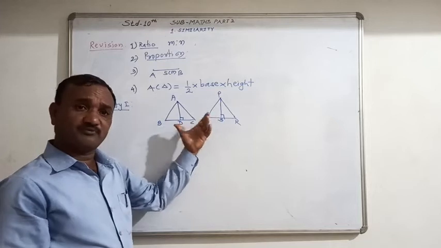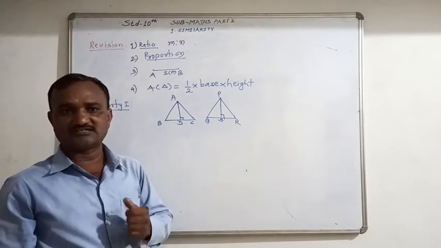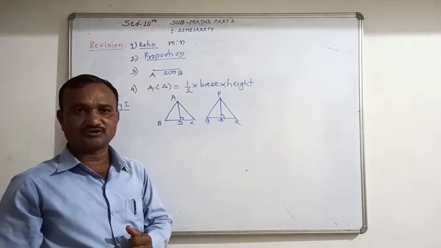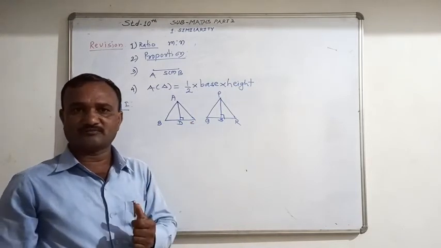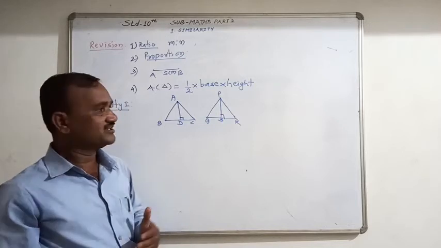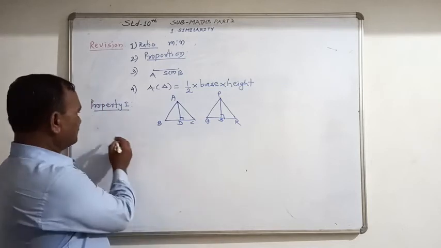So property number 1 is the ratio of areas of two triangles is equal to the ratio of the product of base and their corresponding heights. From the figure you have to write the given in the form of words.